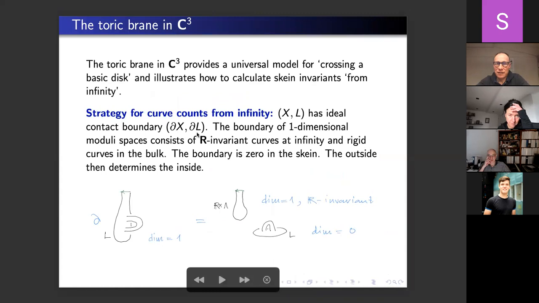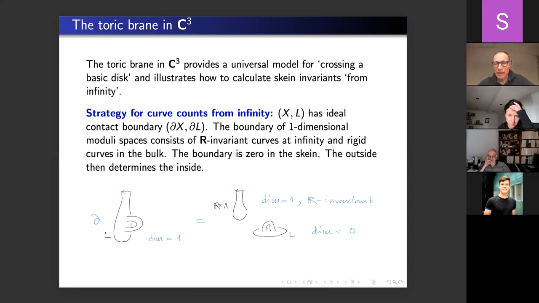At infinity, the resolved conifold looks like the unit cotangent bundle of S^3. And let's take this to be a knot conormal. So at infinity, this knot conormal looks like the unit conormal of the knot, sitting inside there. So it's a 2-dimensional torus in a 5-dimensional space.